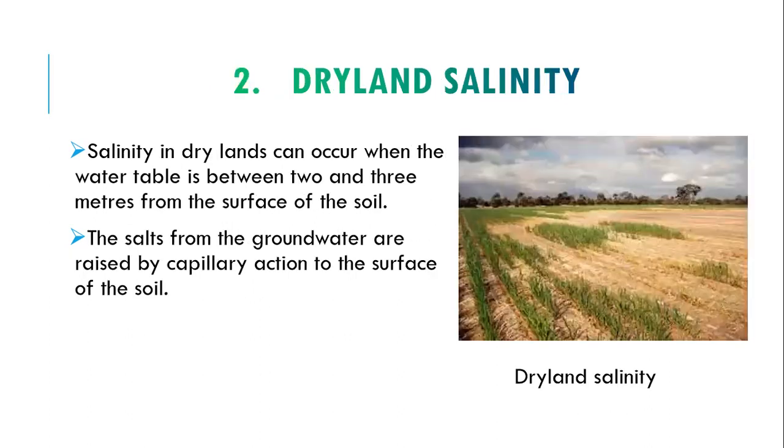Moving on, the second one is the dryland salinity. The salinity in drylands can occur when the water table is between 2 and 3 meters from the surface of the soil. Hence, the salts from the groundwater are raised by capillary action, that is the movement of water from low levels to upper levels to the surface of the soil. So as you can see there, it's just how dryland salinity can look like.